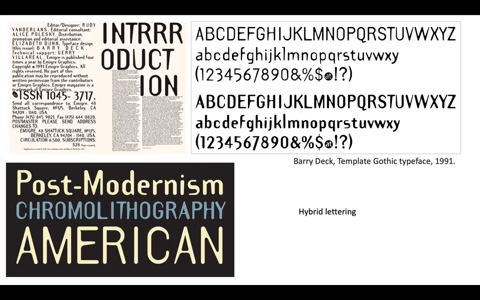Because it was intended to be kind of a hybrid. It was intended to look somewhat mechanical, right? Because again, it was produced mechanically, but at the same time, manually. So it was intended to look like print made by hand, when you're writing with a pen, but at the same time, print that was produced with a machine.